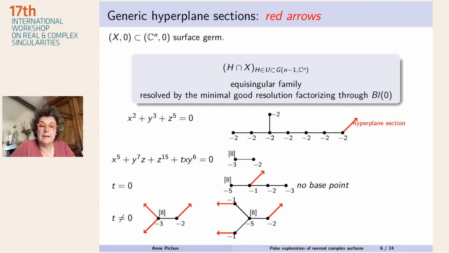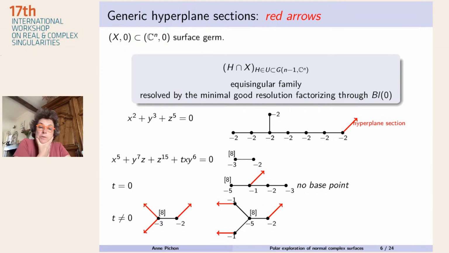And actually, in order to get the one which factorizes, you have to distinguish the two cases, t equals 0 and t different from 0. Okay? And what you get is the two graphs you see in the middle of my screen.